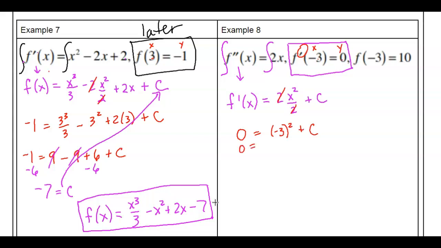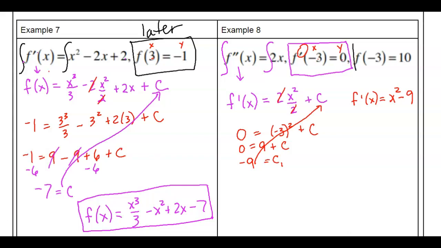So I get 0 equals 9 plus c, subtract 9. And so the constant value, this is like my first constant. So I'm going to put a little 1 subscript for it. So I'm going to plug that in. So what we know is that f prime of x equals x squared and then minus 9. Okay?